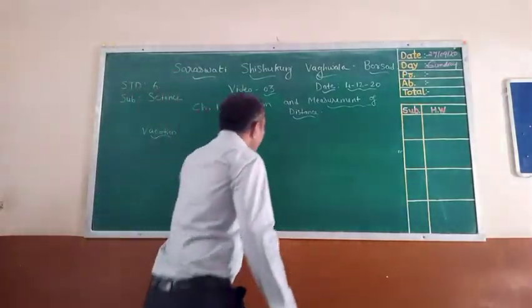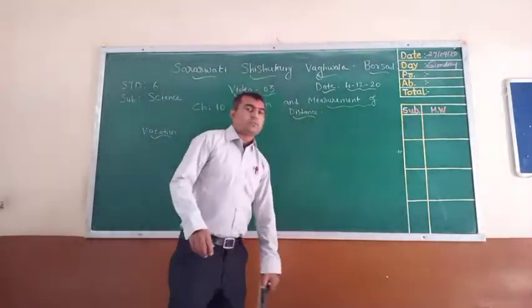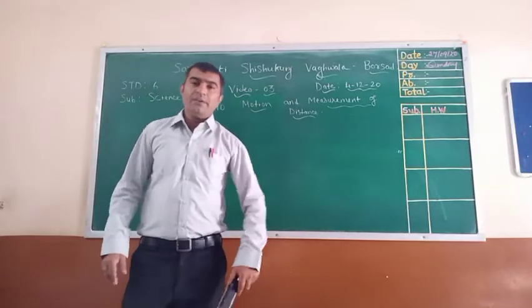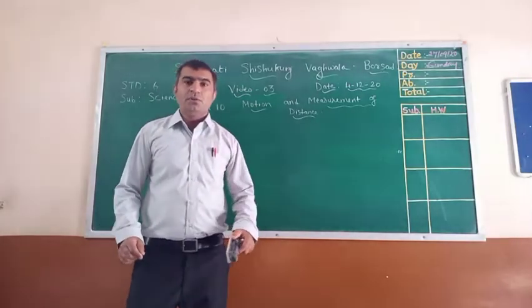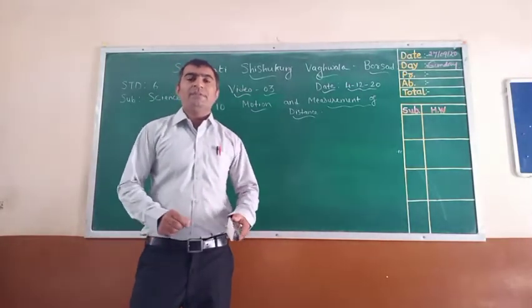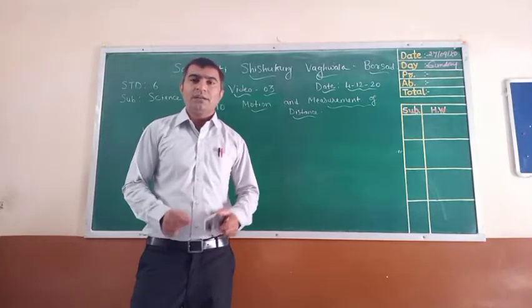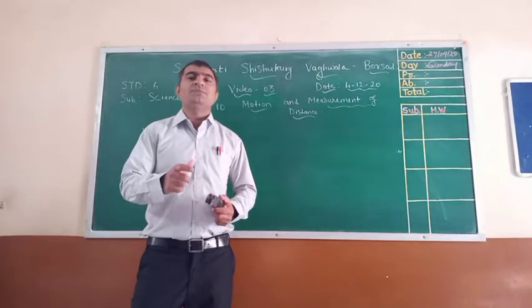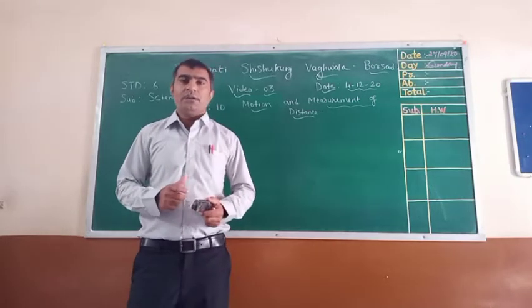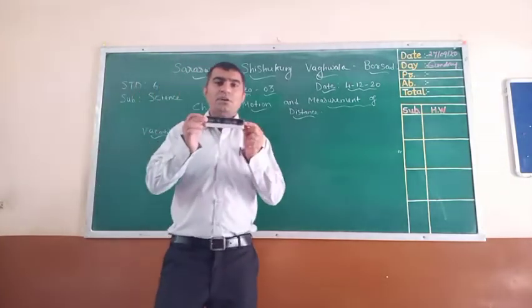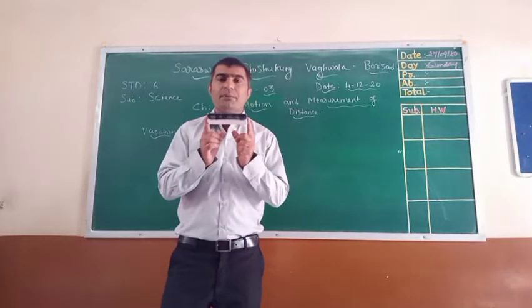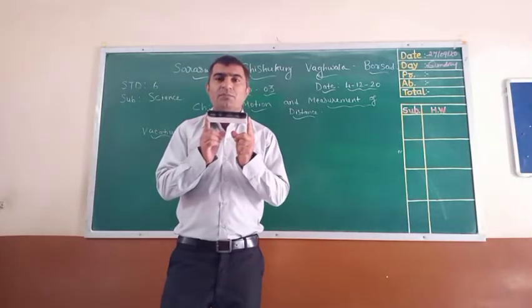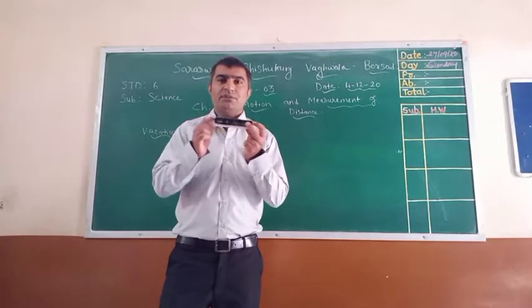In this chapter we learn about the measurement of distance. Dear students, nowadays to measure anything we have a specific scale, and its units are different. If you want to measure this duster, you will use a simple small scale from the compass box, a 15 centimeter scale, and we can measure this distance.